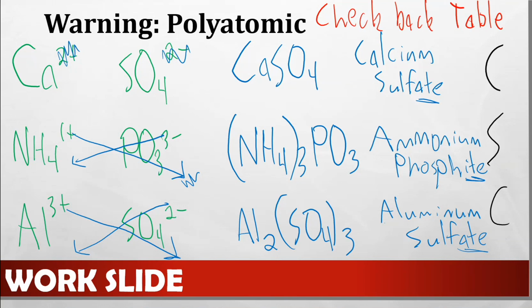Can polyatomics have multi-charge? Yes, they can. I actually meant to do that for the third one, but I forgot. So if this wasn't aluminum sulfate, let's say I had this as the iron that I had originally meant it to be, and I have the Fe there, it's the same sort of formula.